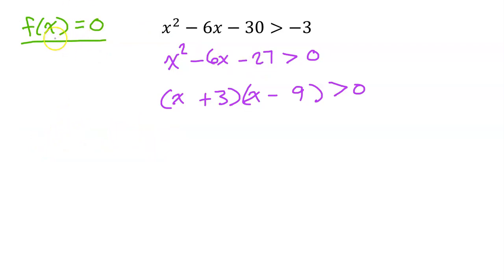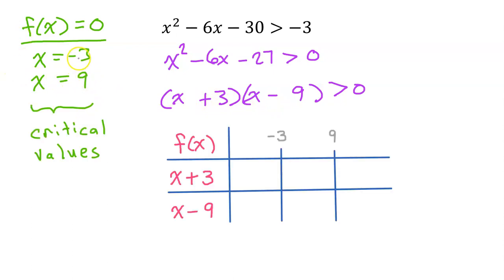So let's just ask ourselves, where is f of x equal to 0? Using the zero product property, we can see that the left side of the inequality is equal to 0 at x equals negative 3. That's what we get if we set the first factor equal to 0. Or x equals positive 9. Negative 3 and 9 are called critical values.